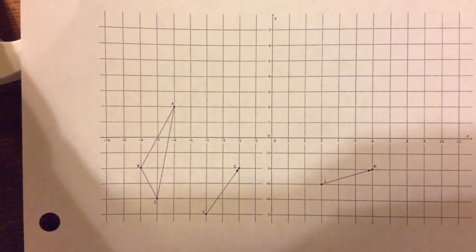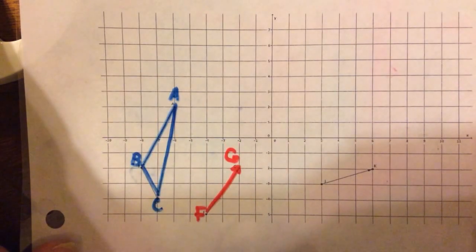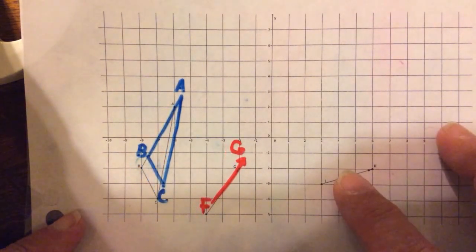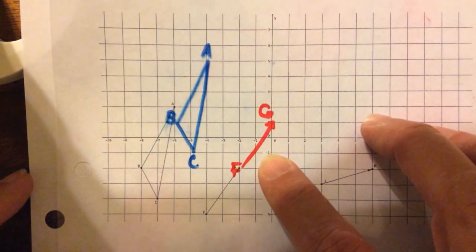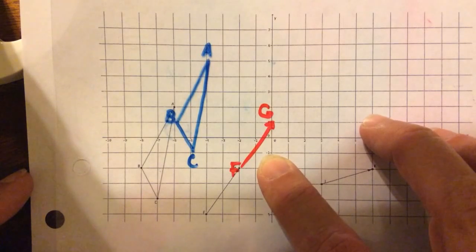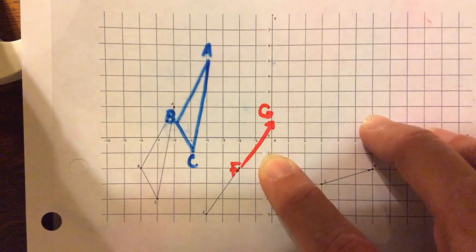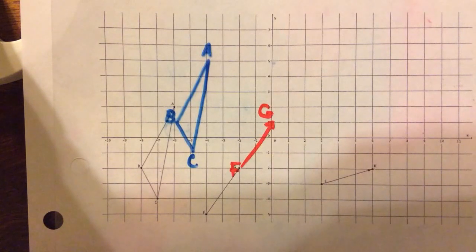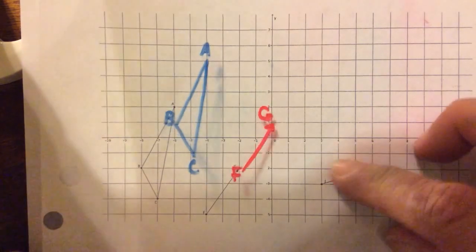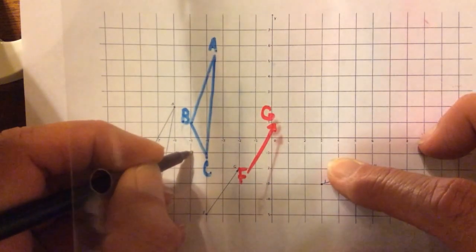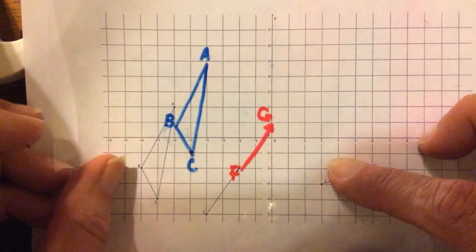I've already drawn this one on the overhead to save a little time. So if we're right here, we're going to translate up along this vector. I'm moving along the vector to see where I end up, and I end up about right there. Now, I wonder how many of you noticed that on a coordinate plane, we have an advantage here because I can predict where these points are going to be.